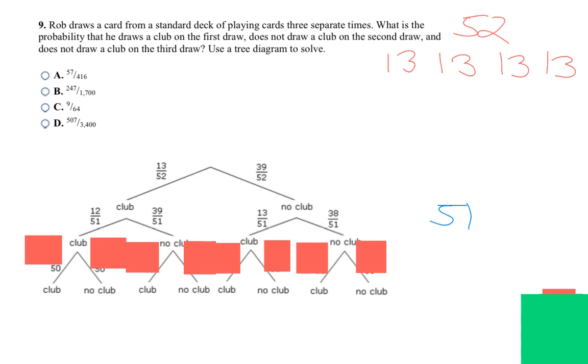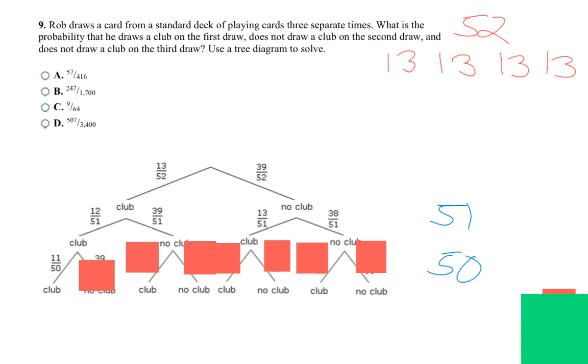So here, if I drew a club the first time and the second time, that means that there's only 11 clubs left to pick from the third time out of 50 cards now. So that's going to be my probability for here, 11 out of 50. And now if I picked no clubs the first 2 times, that means I still have all 39 cards that aren't clubs left in my deck.